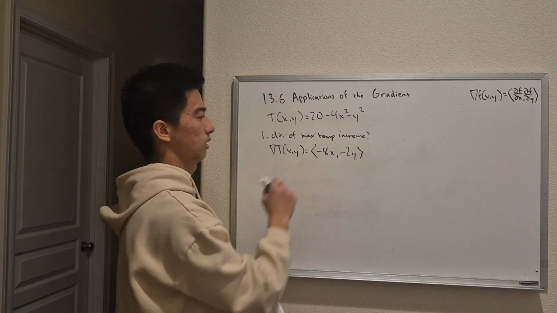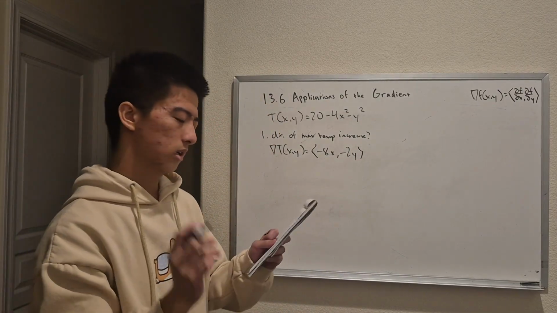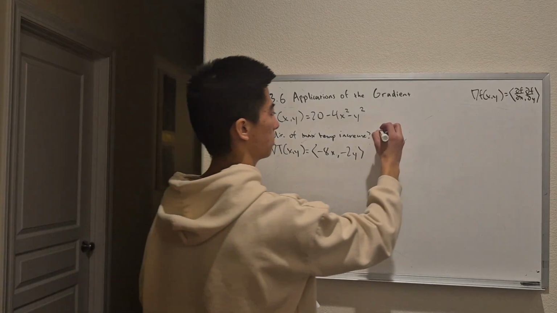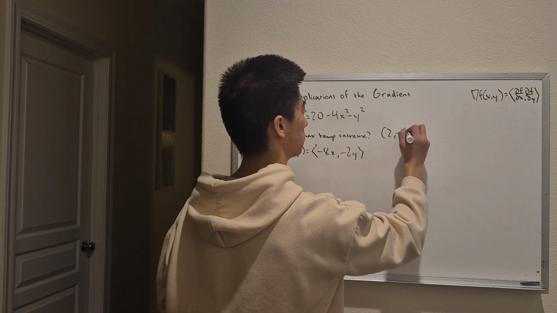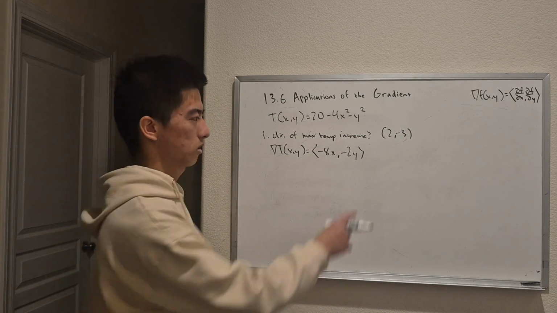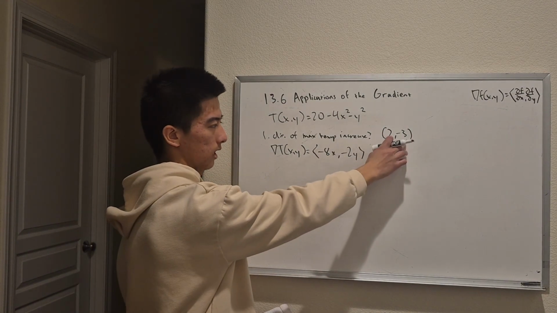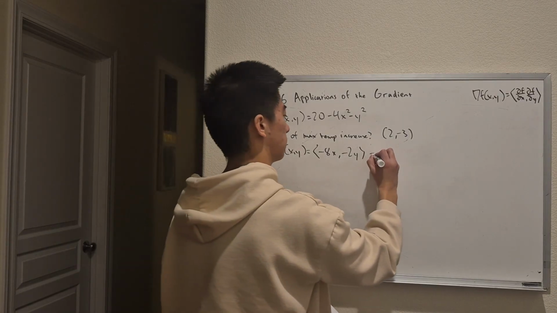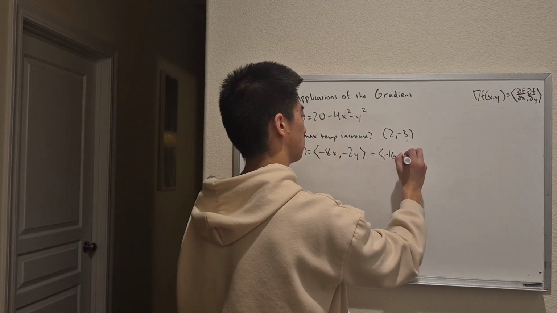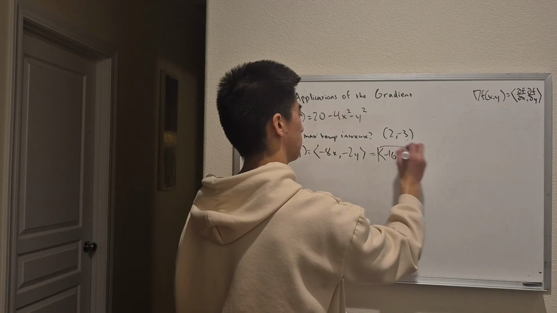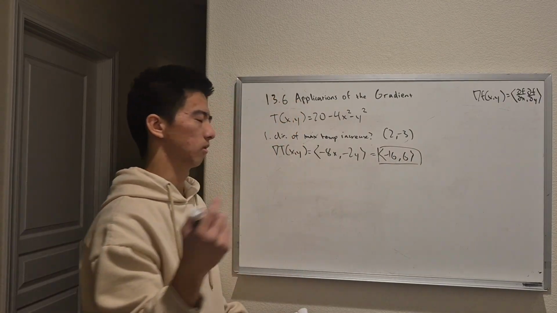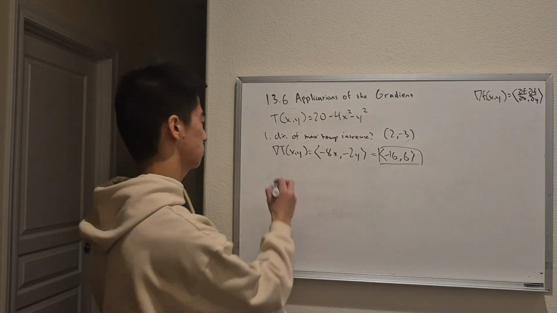And I forgot, we're starting from the point 2, negative 3. If we're starting from this point, then we can just plug in this x, y into here. So we get negative 16, 6. That gives you the direction of the maximum temperature increase.